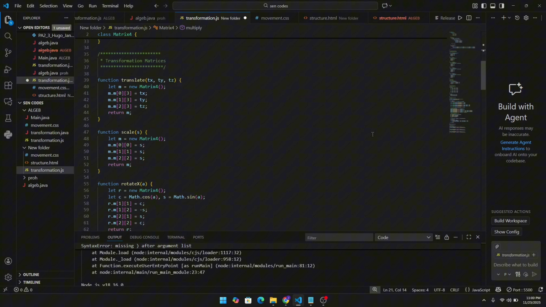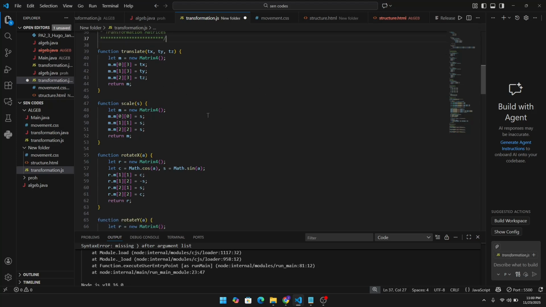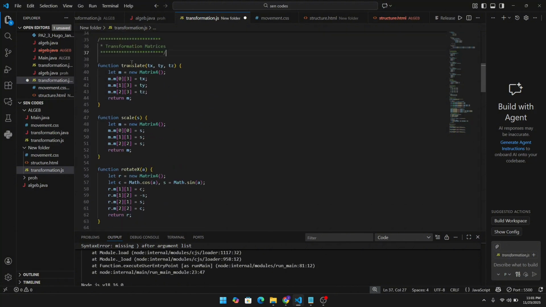Now, for our transformation matrices, we created functions like translate, scale, rotate x, rotate y, rotate z, and reflect. There it is.